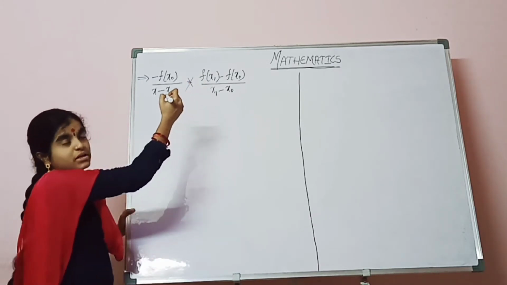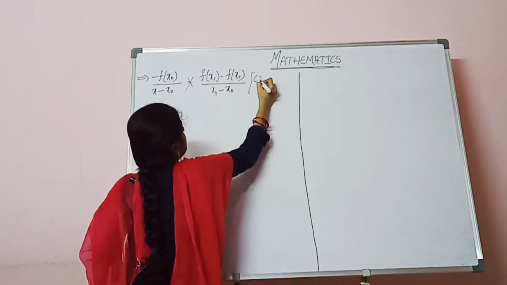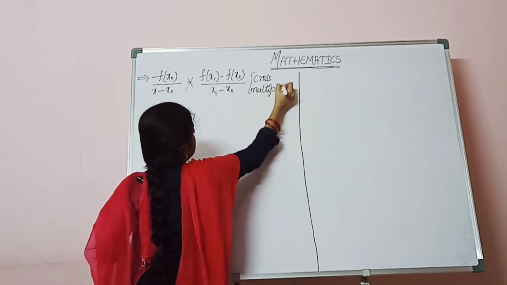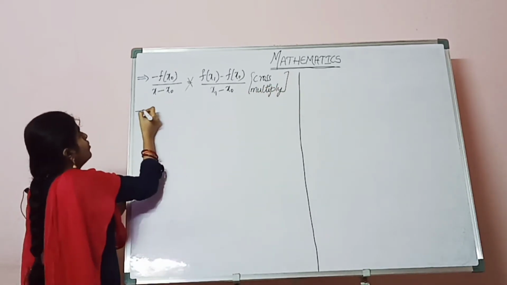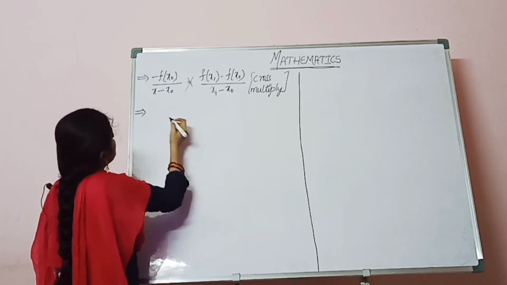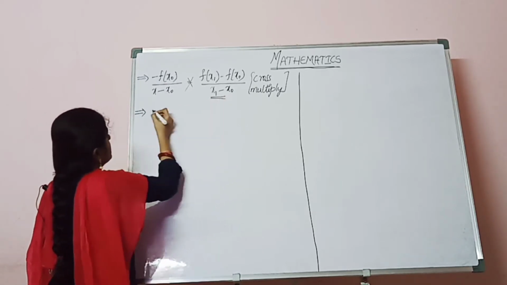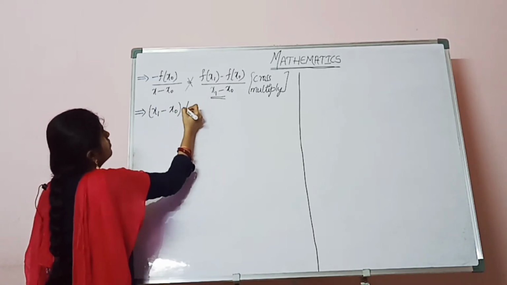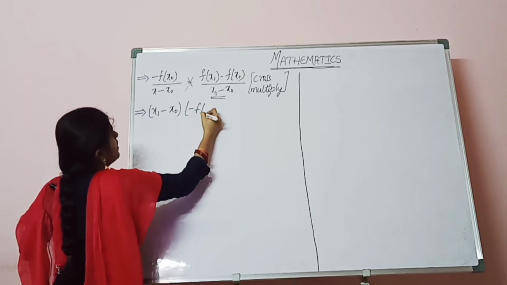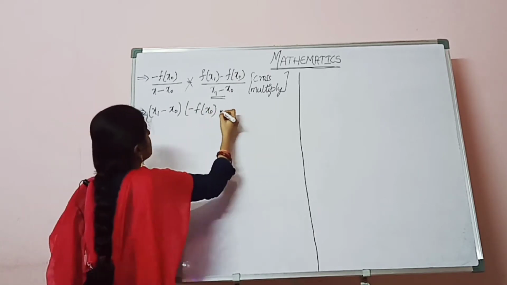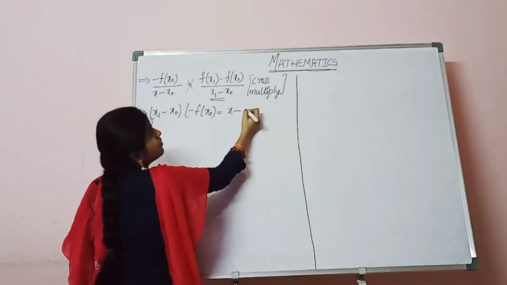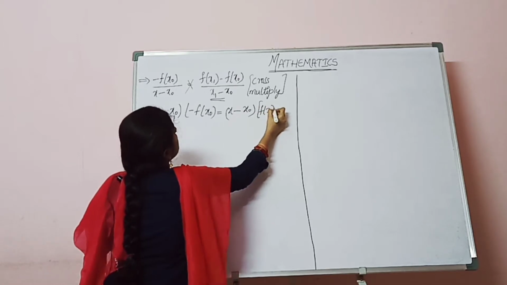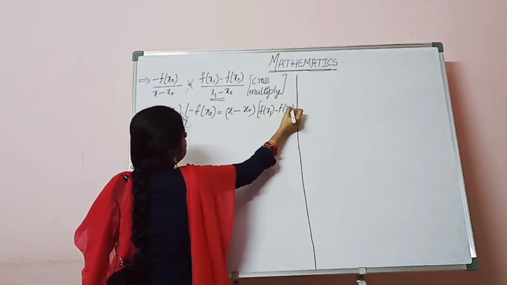After cross multiplying, we get x1 minus x0 into minus f(x0) equals x minus x0 into f(x1) minus f(x0).